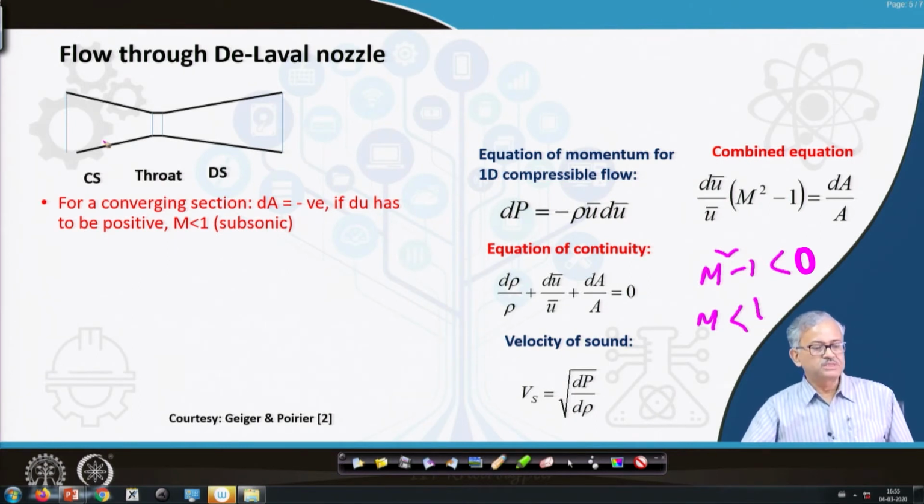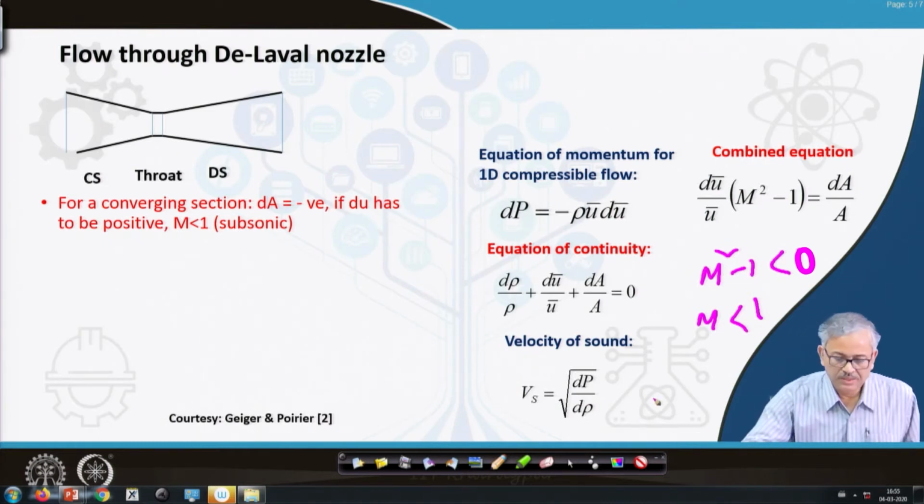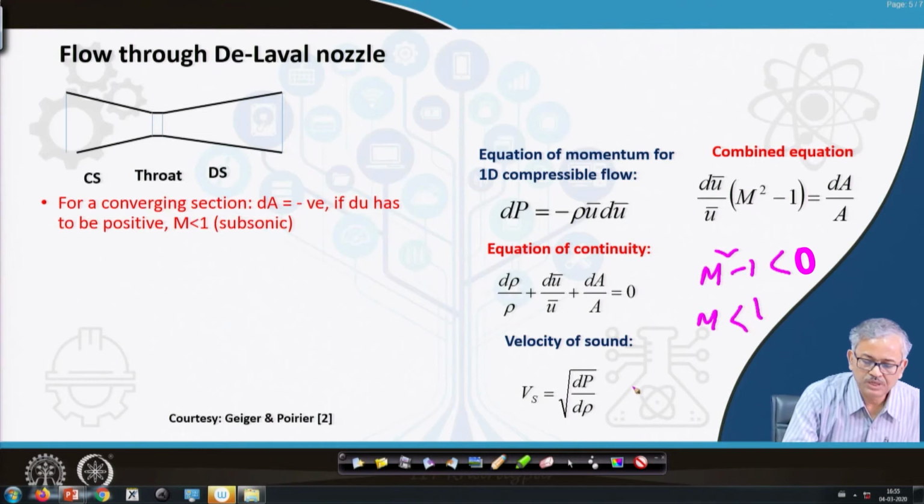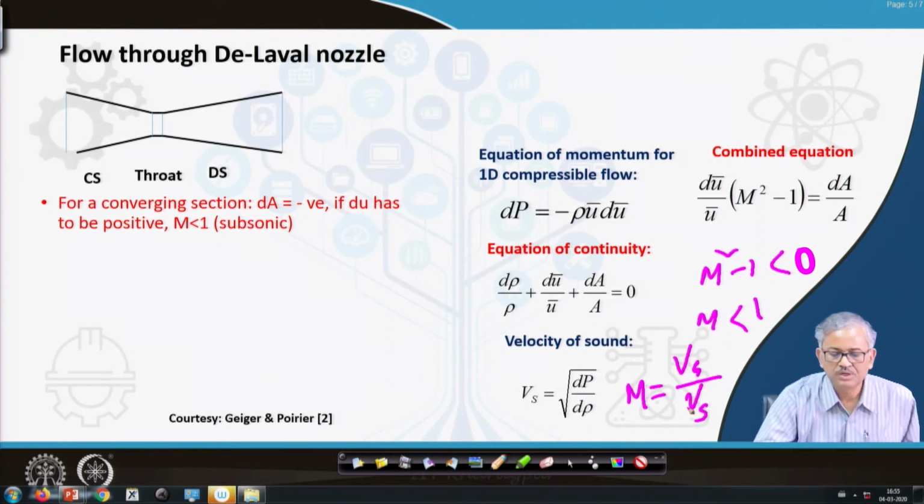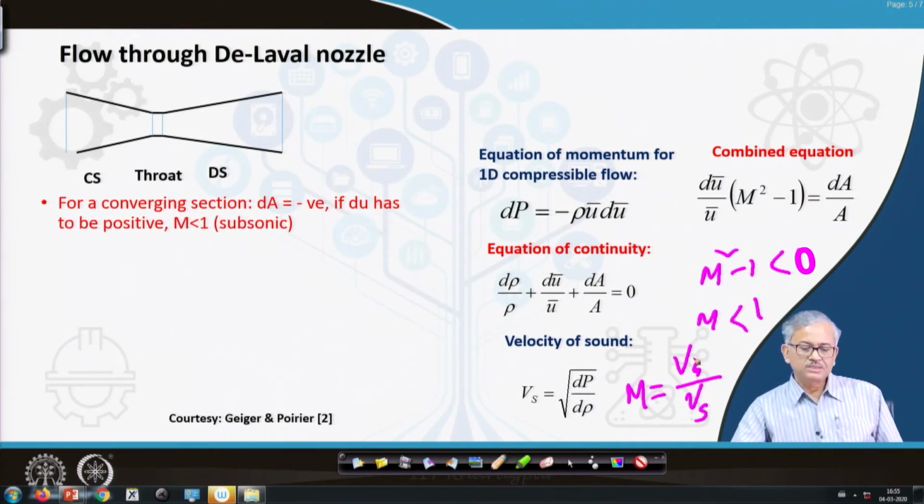So in a convergence section, if you want to have an accelerating gas, the velocity should be subsonic. M should be less than 1. M is basically the Mach number, the velocity of gas divided by velocity of sound. So the velocity of gas should be less than the velocity of sound, that is, it will be subsonic, right? Okay.